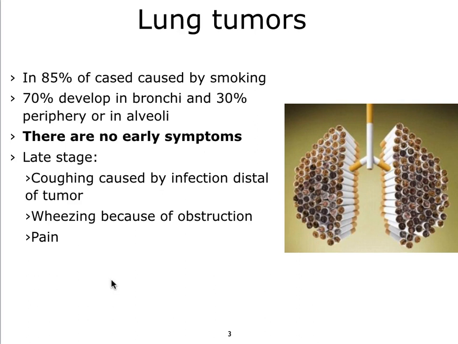Or the tumor can cause an obstruction of the airway and thereby cause wheezing and shortness of breath. Or it could push on something else which causes pain. These are usually the symptoms that people develop when the tumor becomes bigger.